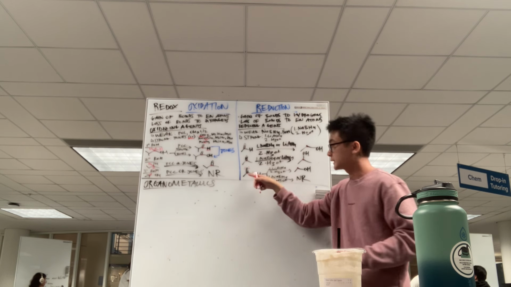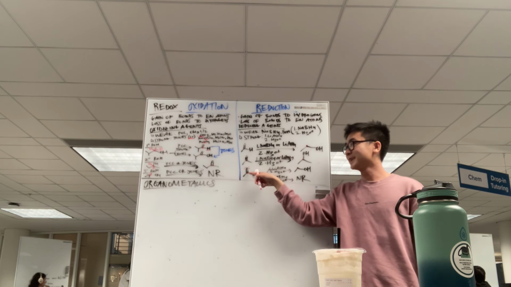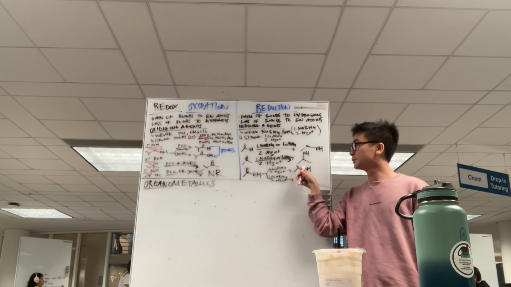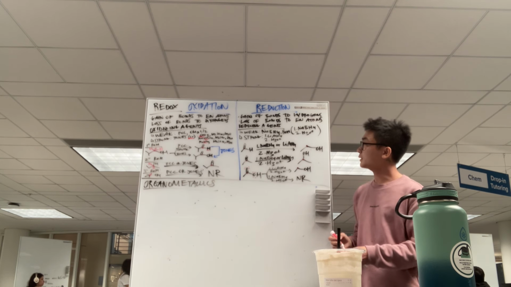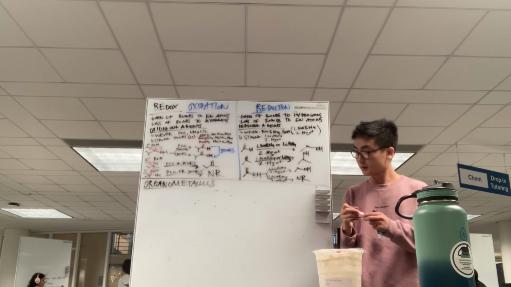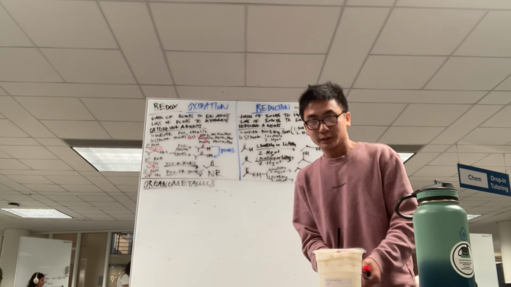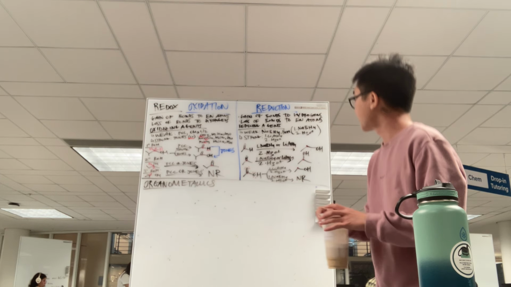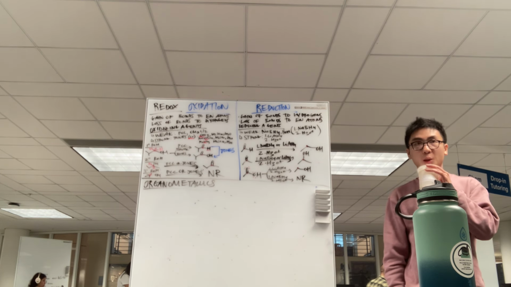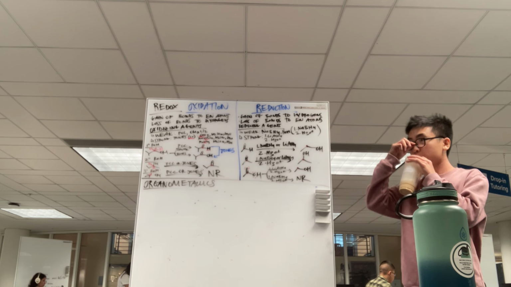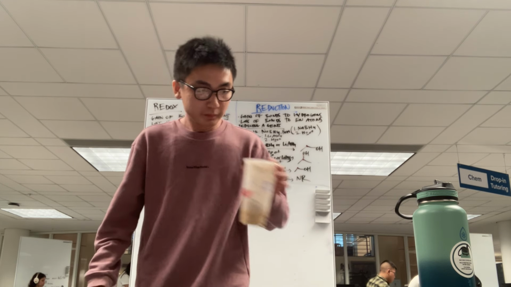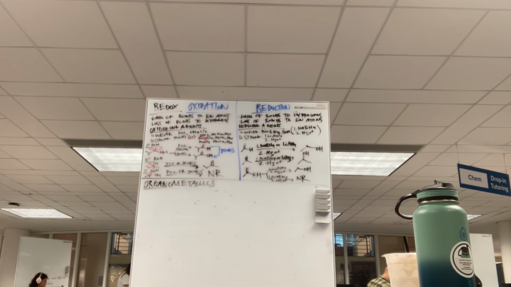And we see that this is reduced because this carbon here lost 2 bonds to oxygen and gained 2 bonds to hydrogen. Not 2 bonds, it could only be 1 bond, right?